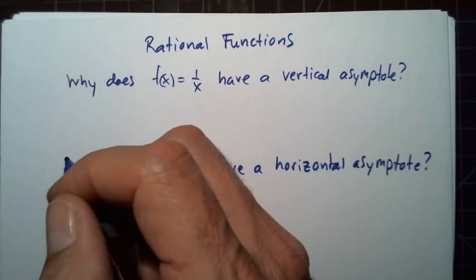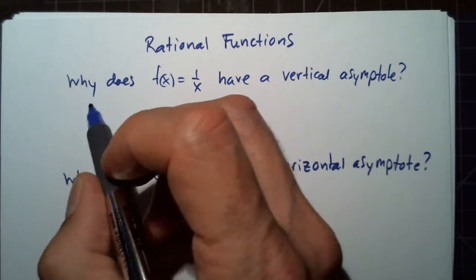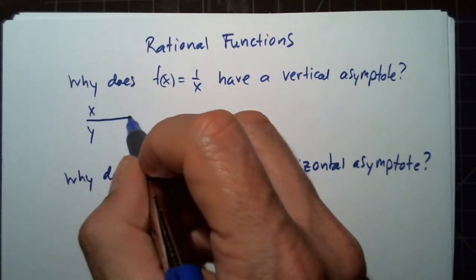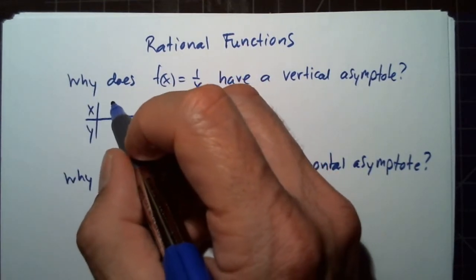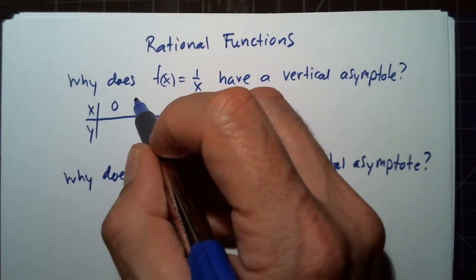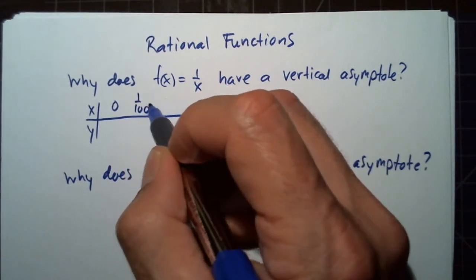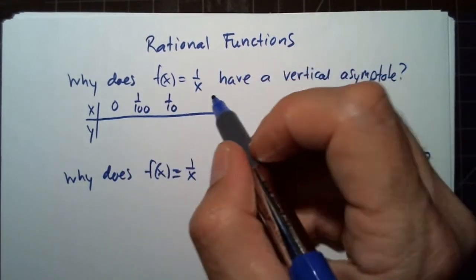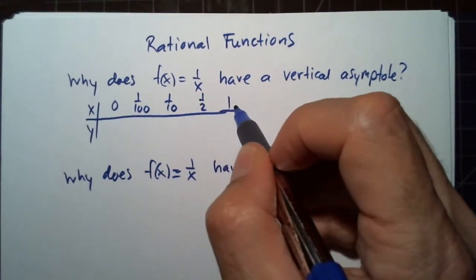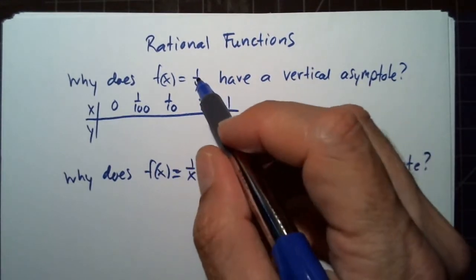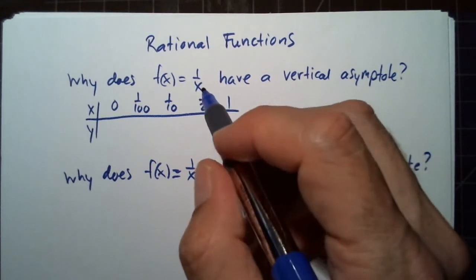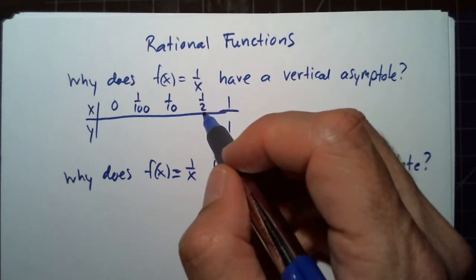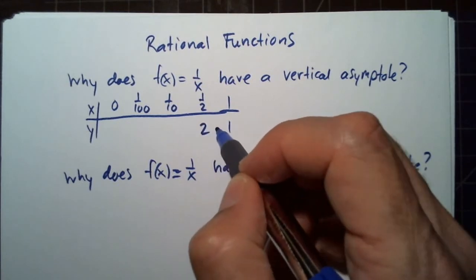And we can see that as we get close to 0, so 0, and then we'll have 1 over 100, 1 over 10, 1 over 2, and 1. If x is 1, then we have 1 over 1. The y value is 1. But now we'll have 1 over 1/2, so that's 2.